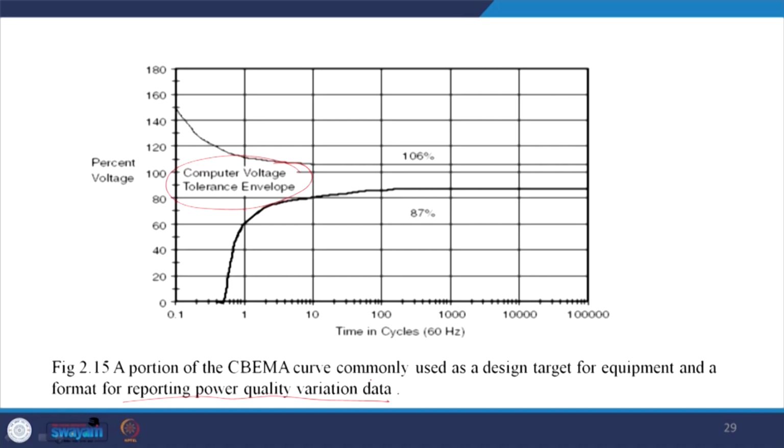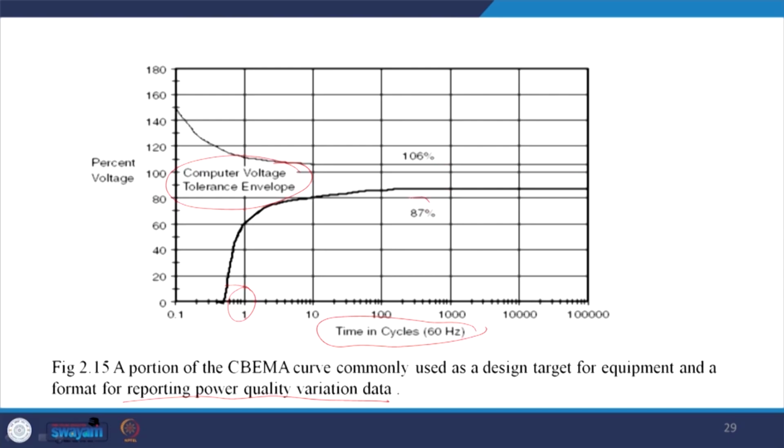So, this is a computer tolerance graph. This is the 100%, and this axis is time in cycles and seconds. For 1 cycle you can have this much high voltage and also this kind of low voltage, and gradually it will match.